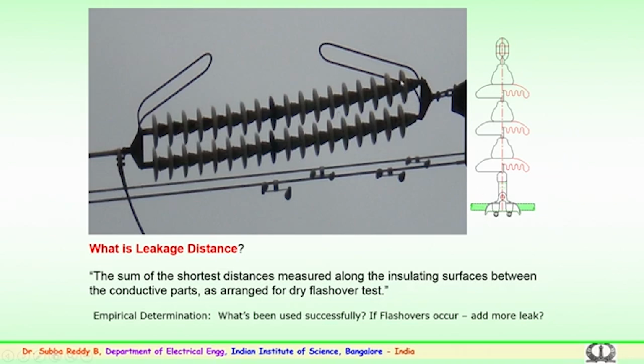The actual insulation provided for the entire string minus the metal parts will give you the leakage distance for the insulator string. Here we have to take from the first petticoat of the insulator on the surface here and again from here. So, the addition of this porcelain insulation will give you the leakage distance of any insulator string.